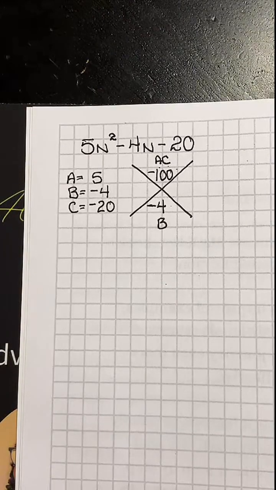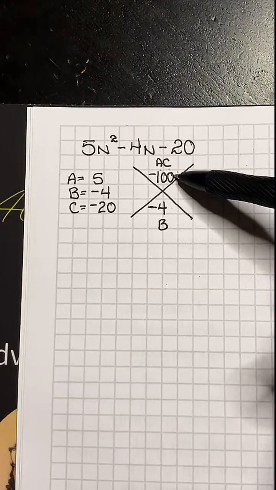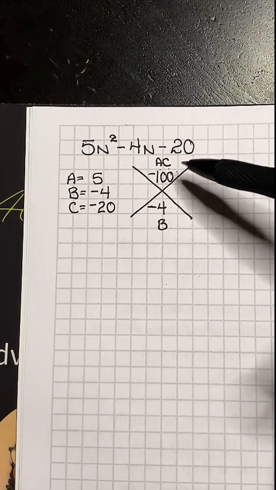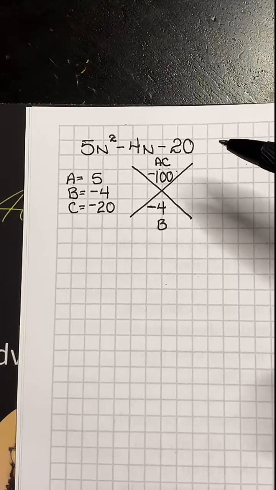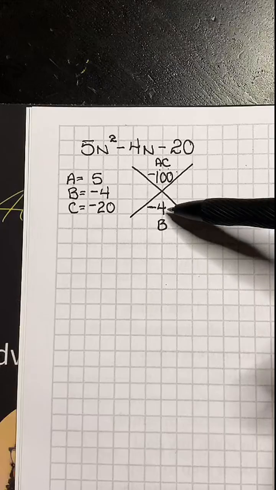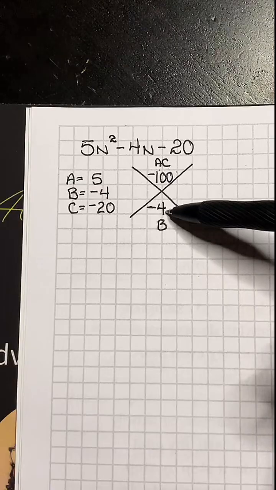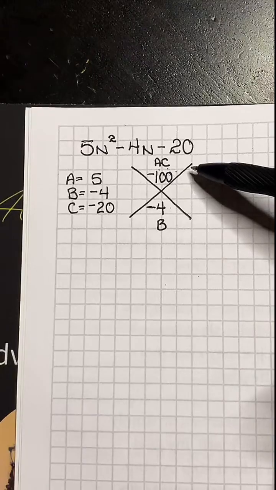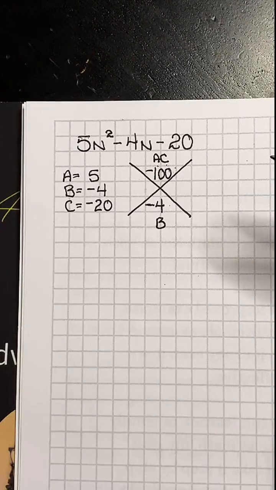Okay. So we can go through as many products to get us 100. Obviously, 1 and 100 is not going to work. Obviously, 2 and 50, we just saw that doesn't work. Okay, 4 and 25, that's not going to work because we need something to add together to give me that -4. So if you can't do it with this AC method, that means we got to shoot over to the quadratic formula.